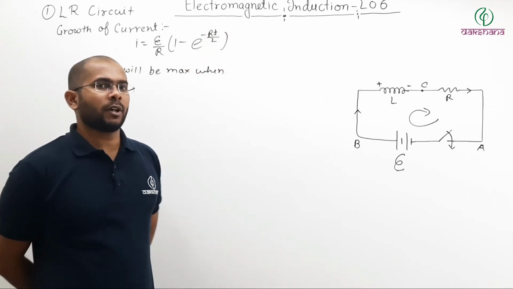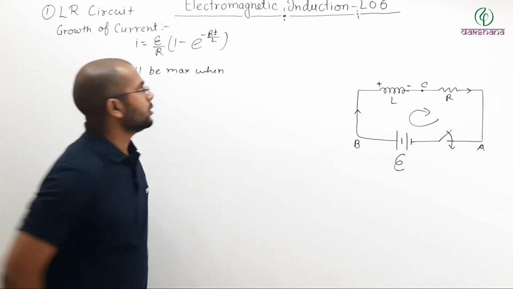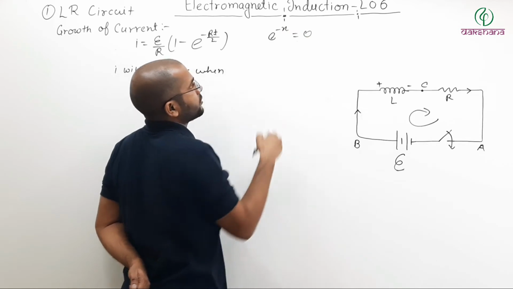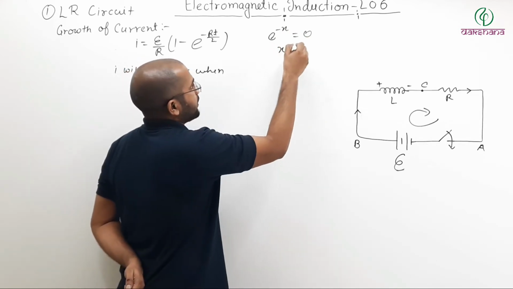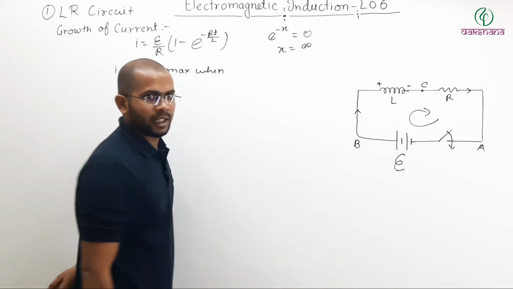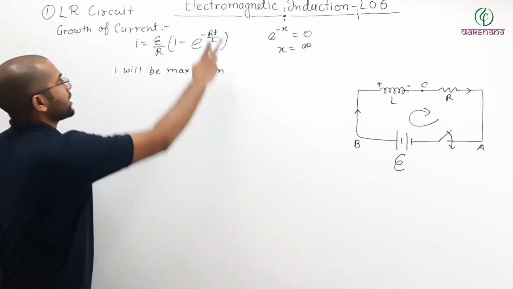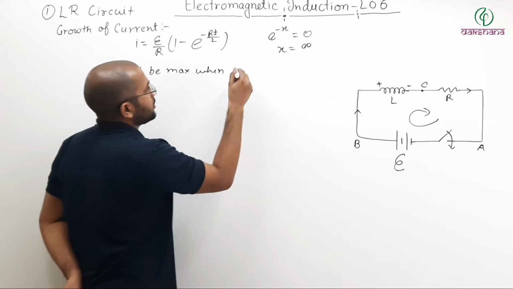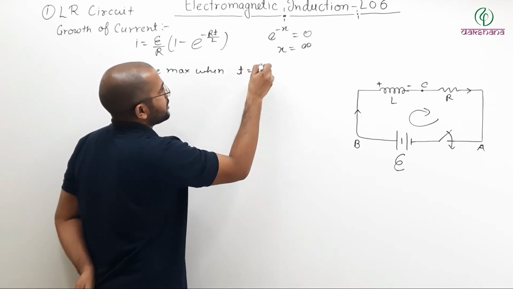And when e to the power minus something is 0, let us say if I write e to the power minus x equals 0, then what you say? You say x equals infinity, like this. So here time should be infinite. So I will be maximum when t equals infinite.